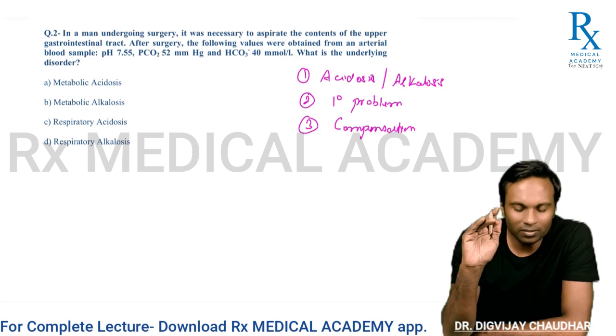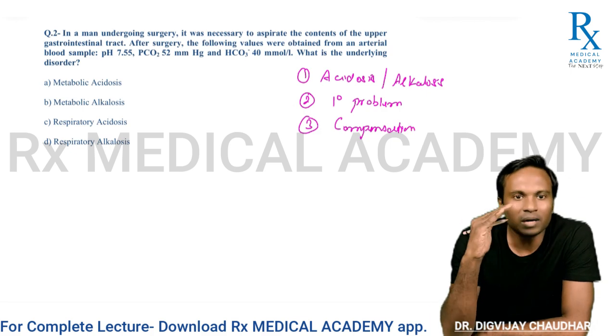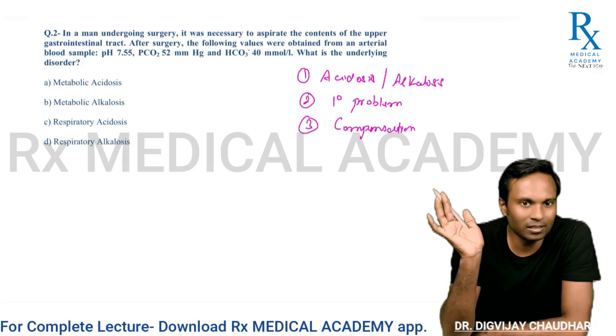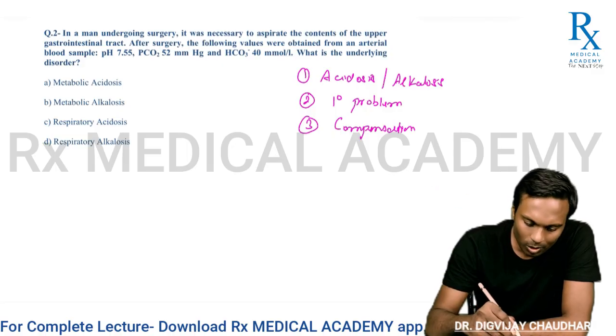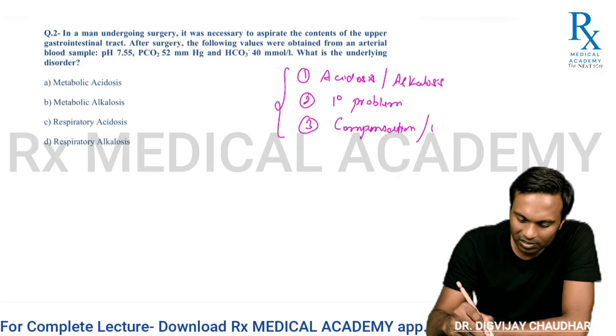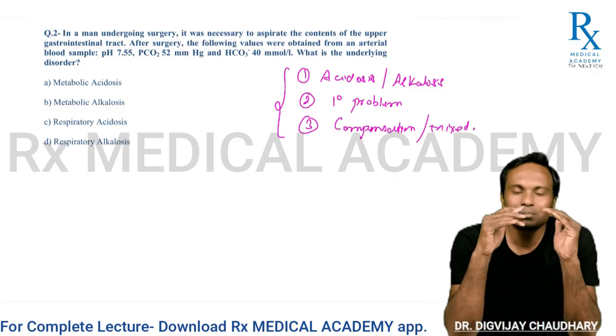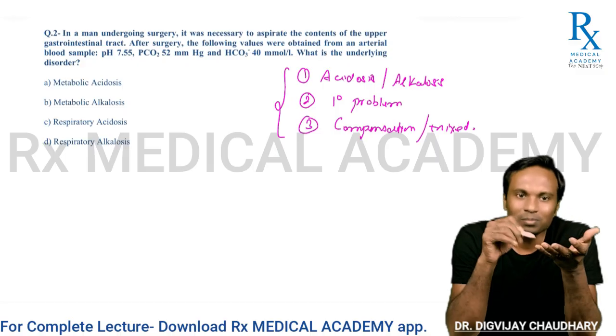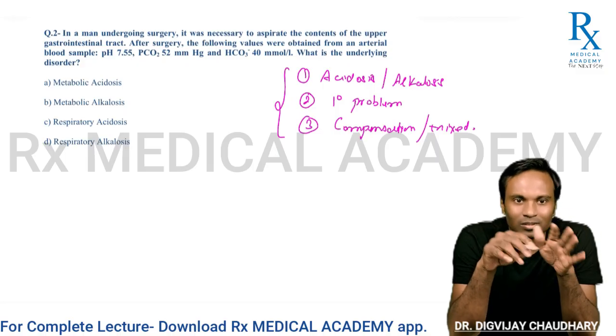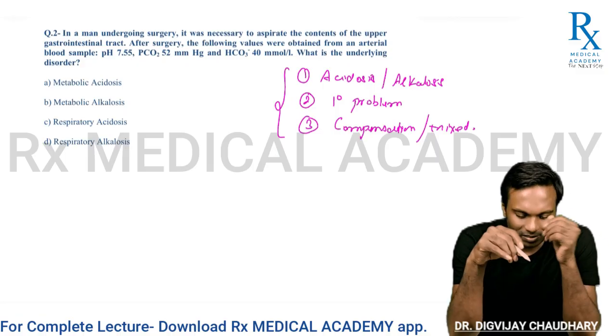Compensation will be exactly reverse. Whether it is fully compensated, partially compensated or uncompensated, for that we need to know the magic numbers, which we will discuss later on. Sometimes it can even be a mixed disorder, like blood pH is acidic and it is due to respiratory as well as metabolic acidosis. No point of any compensation.